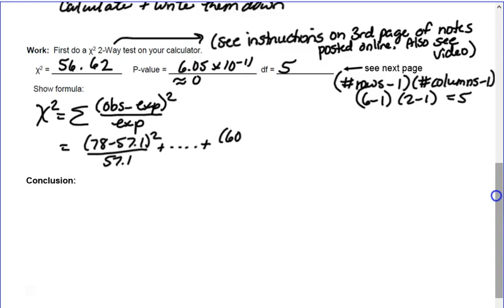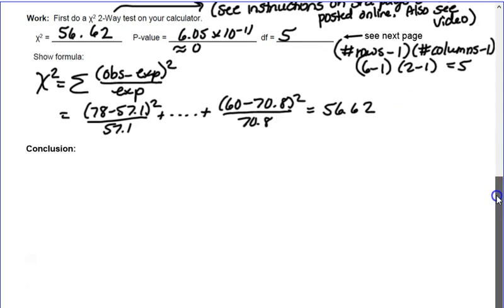We would have 60 minus 70.8 squared all over 70.8, and that equals 56.62. Now remember, the chi-squared value can vary depending on how many cells of data. We have 12 cells of data, so we have a fairly large value, but even for 12 cells, that's very large. We have a very small p-value.